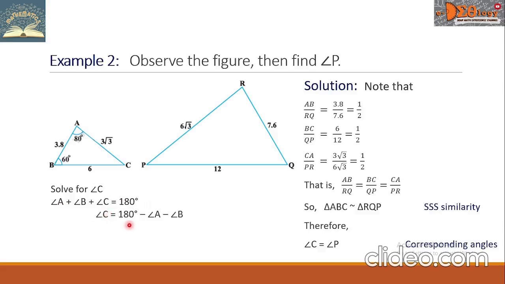So we have 180 degrees minus angle A minus angle B. We have the values for angle A and angle B respectively. We substitute it here, and then we simplify, the right side becomes 40 degrees. This is angle C. This is the same angle as angle P, that is 40 degrees.